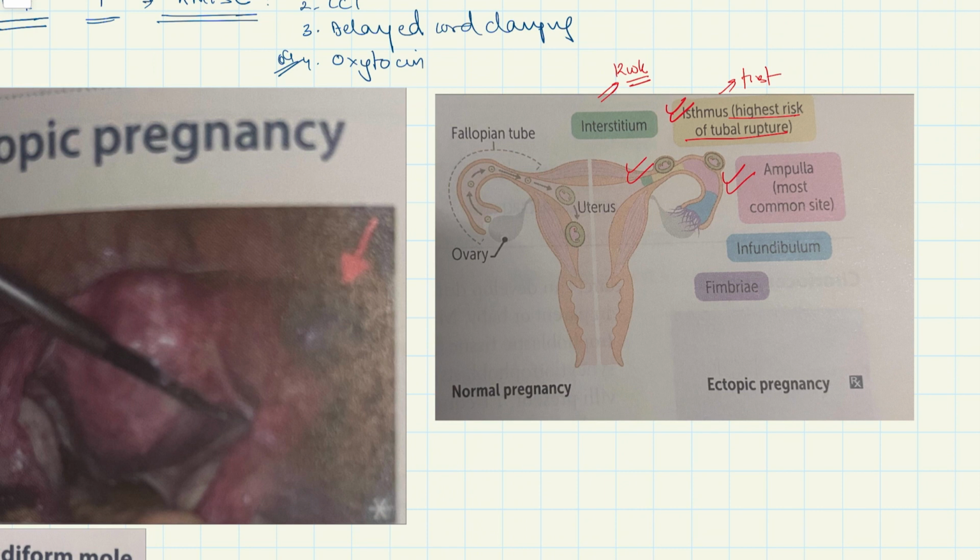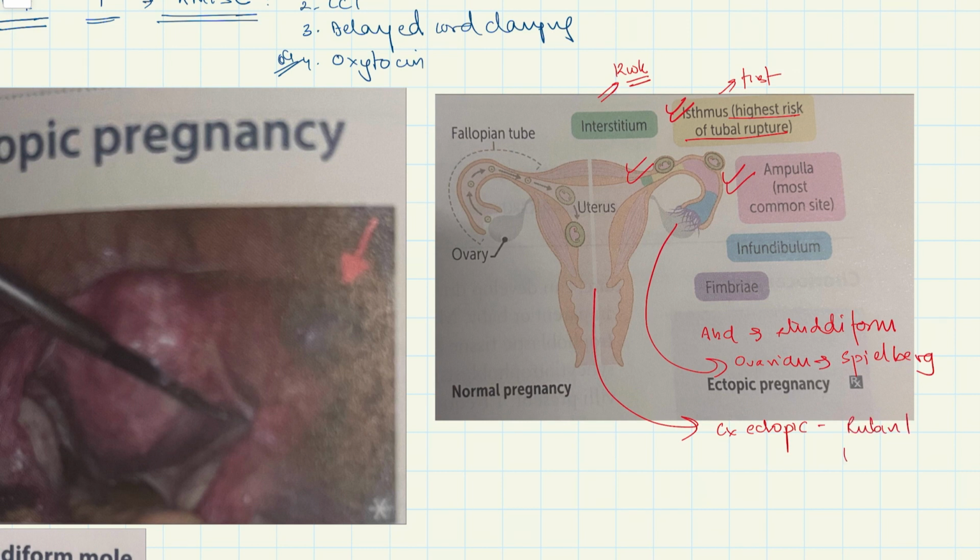So for abdominal pregnancy, the criteria that we use is the Studdiford criteria. For ovarian ectopic, the criteria used is Spiegelberg, while for cervical ectopic, the criteria used are the Rubin and Paalman criteria.